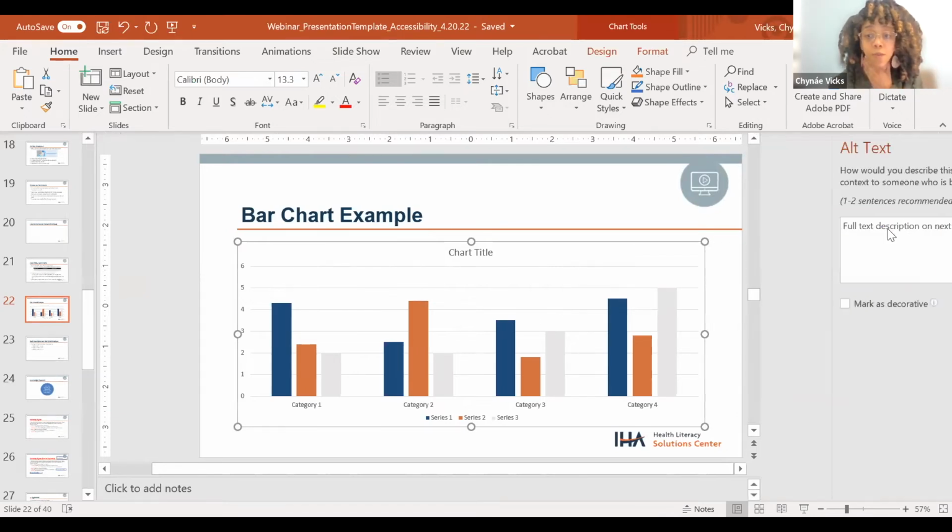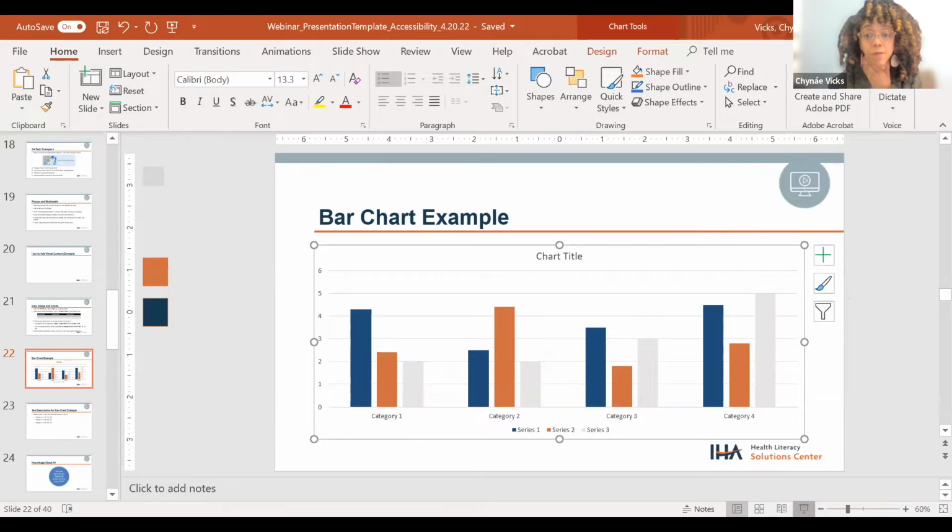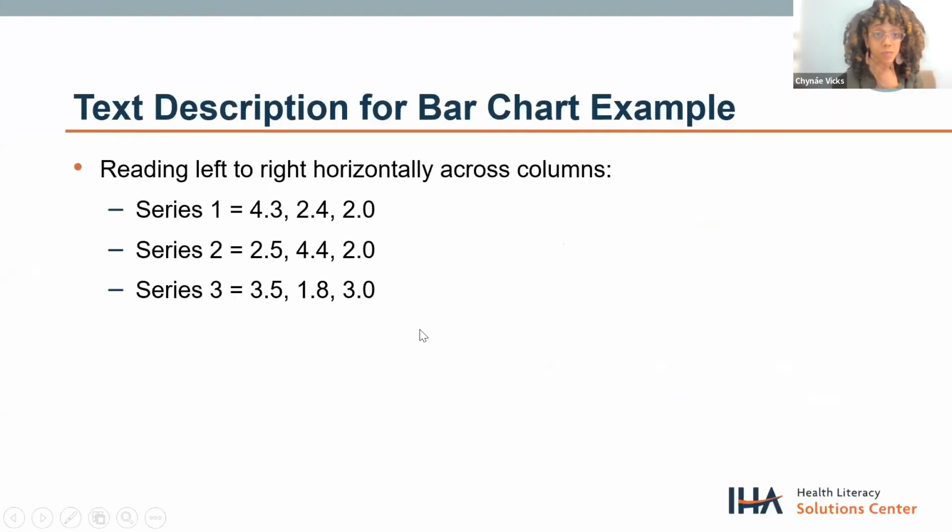And so that way, my next slide is actually going to be the text description for that bar chart example. And I'm going to literally describe what that previous data table shows, explaining how to read it directionally, as well as the values for each series, okay? So it gets a little complicated, but again, any visual content that you have to use alt text.